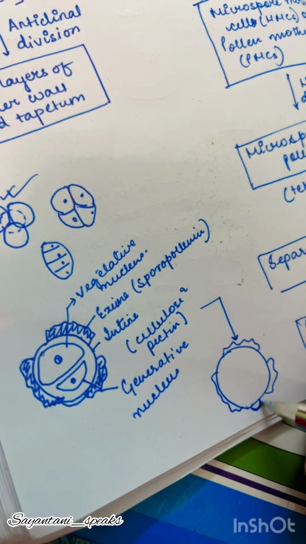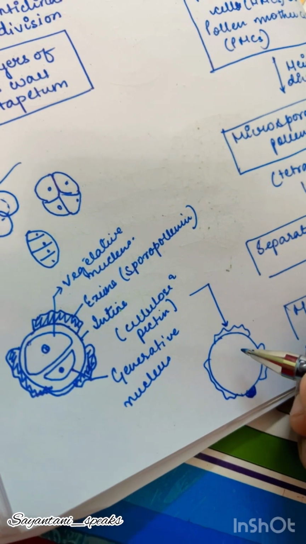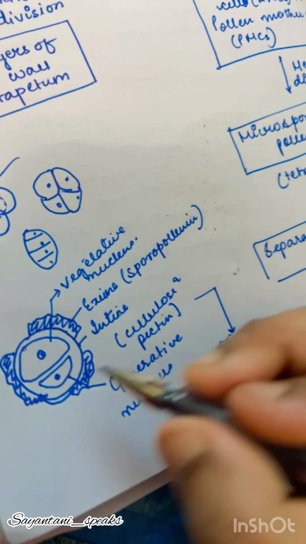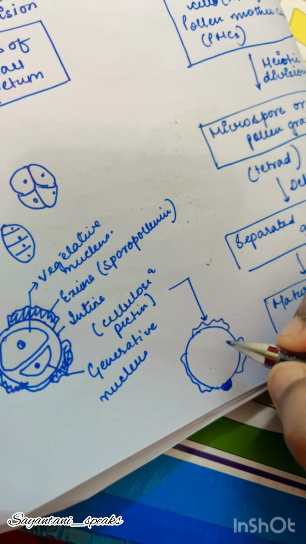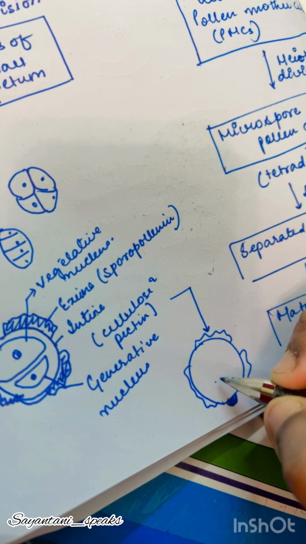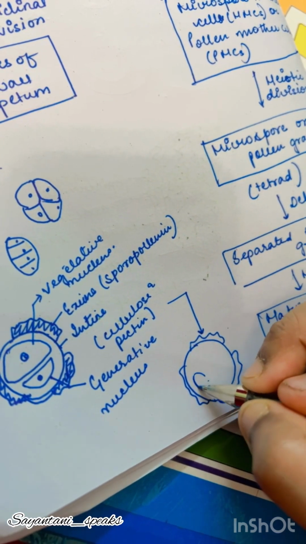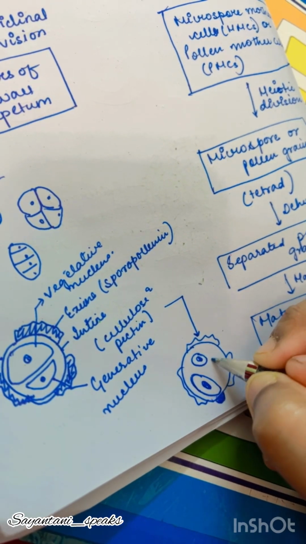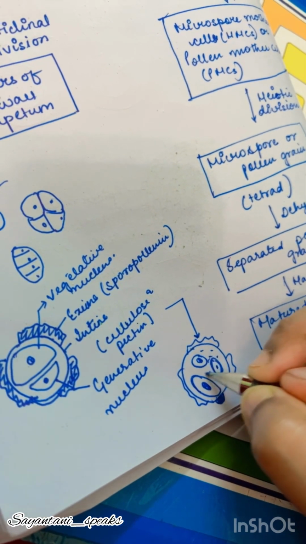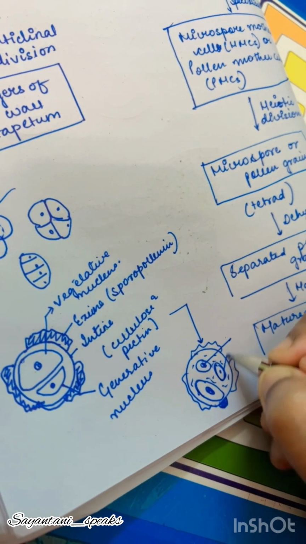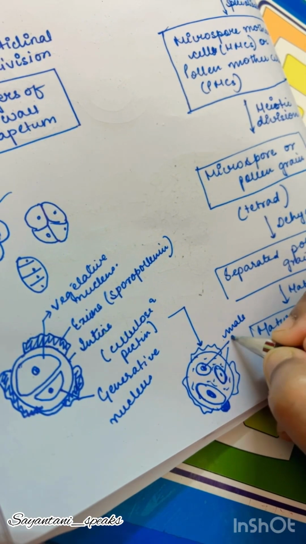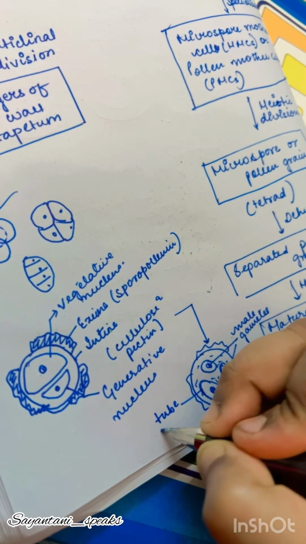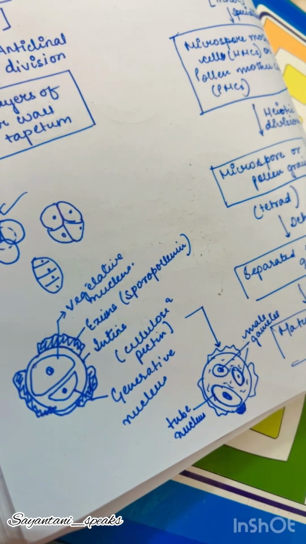They have a germ pore through which the pollen tube will grow, and they have the generative cell. The generative cell forms the male gametes, and the vegetative cell forms the tube nucleus. So these are the male gametes, and this is the tube nucleus. So hereby the pollen grain is formed.